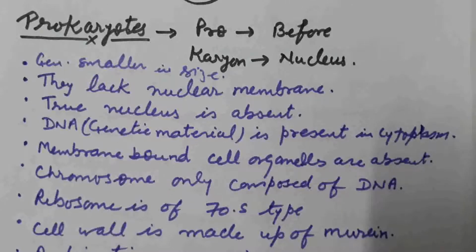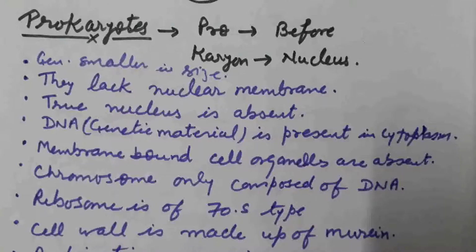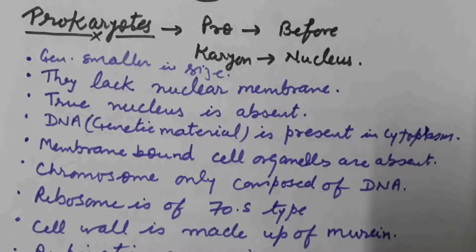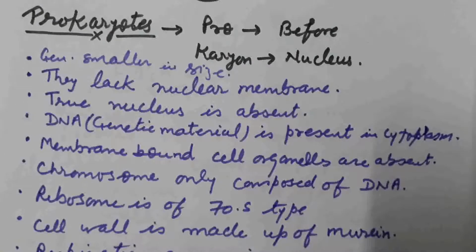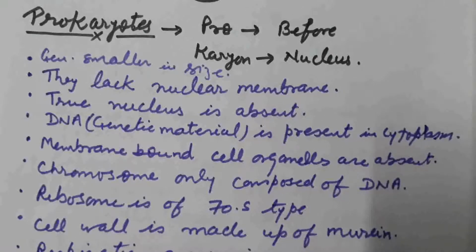Normally chromosome is made up of DNA and protein, as we discussed in the previous video, but in prokaryotic cell the chromosome is composed of only DNA. Ribosome is of 70S type. Two types of ribosomes exist, 70S and 80S type. In case of prokaryotic cell, 70S type of ribosomes are present.